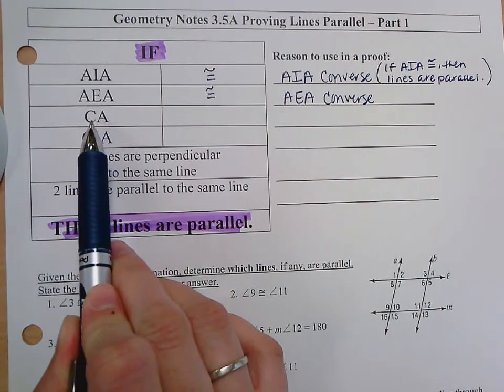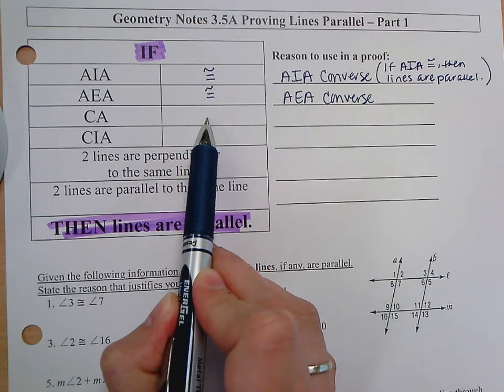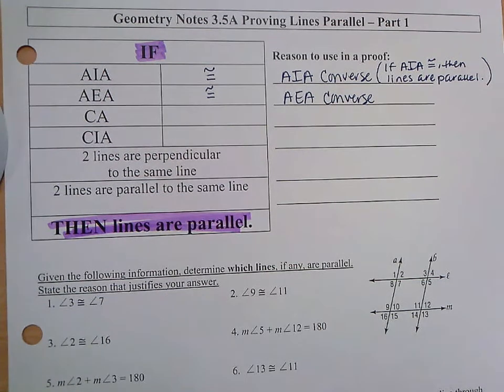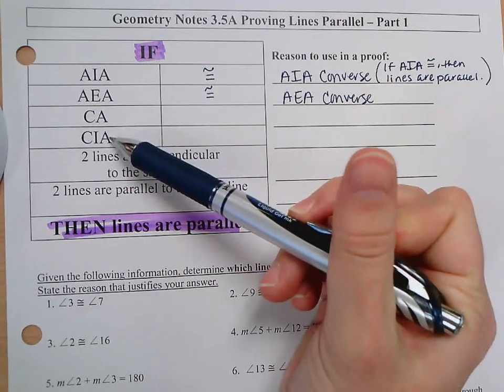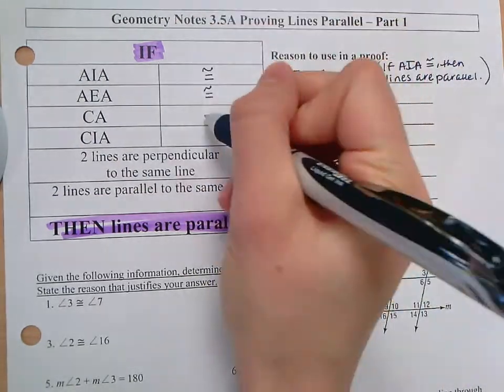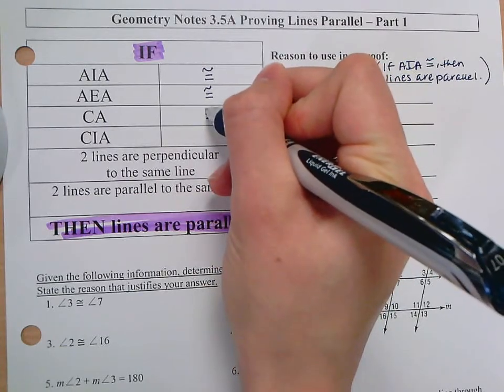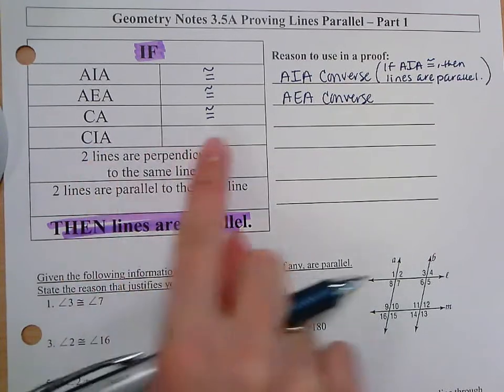CA was corresponding angles. What do we know about those if the lines are parallel? They're either congruent or supplementary. So we have corresponding, and then we have consecutive interior. The corresponding ones are congruent. Consecutive interior are the supplementary ones.